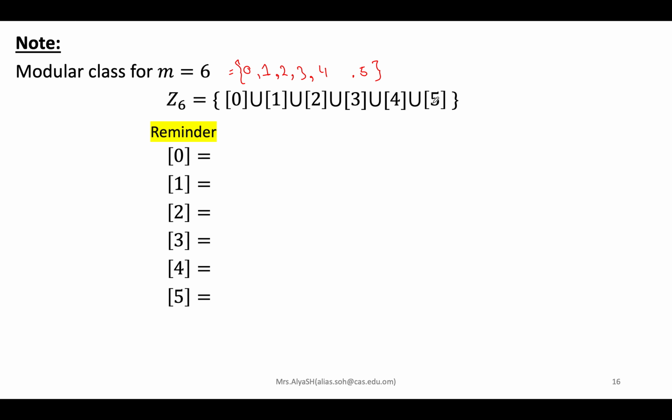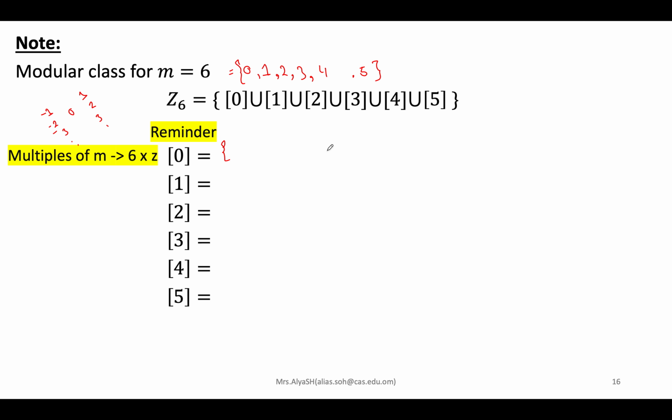Now 0, 1, 2, 3, 4, 5 represent the remainders, and the first set has all the multiples of 6, which means if I divide the number by 6, I'm getting a remainder of 0. So here we replace z with 0, negative, and positive numbers.